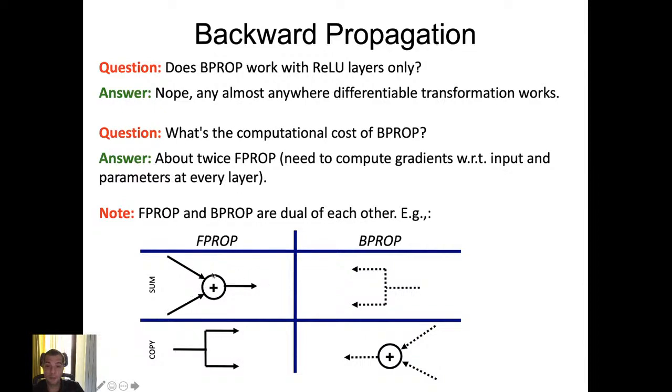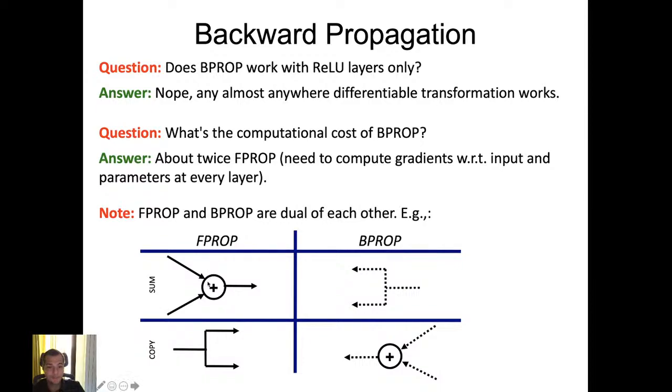Then, when you do backprop, you have to compute the gradients with respect to the weight of this unit so you can update the weights, and also with respect to the input so that you can apply the chain rule with respect to the previous layers. So you have to compute two gradients, for the input and for the weight, so the computational cost is about twice that of the forward pass.